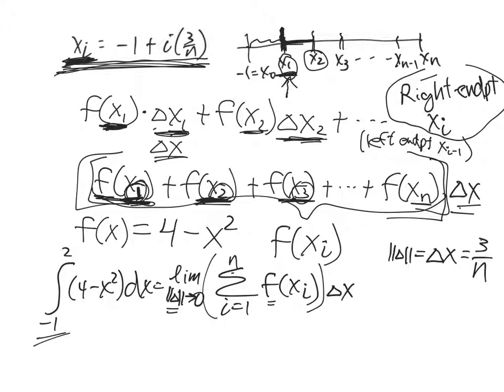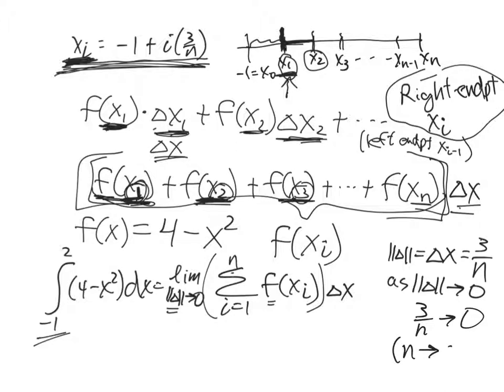Well, as the mesh approaches 0, we would have 3 over n approaching 0, which we can translate as n must approach infinity. If we end up with n in the denominator and some constant in the numerator, as n approaches infinity, that will approach 0.